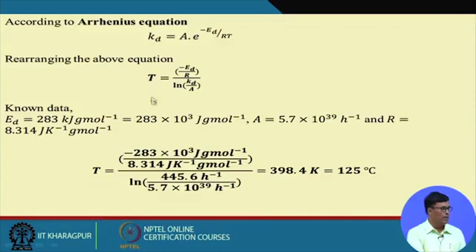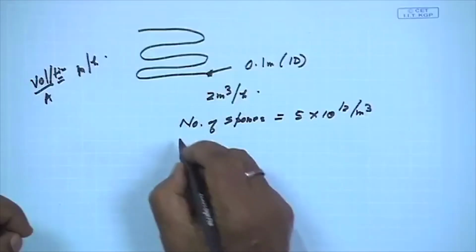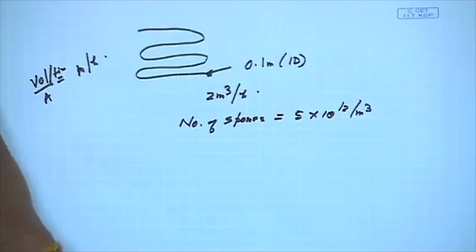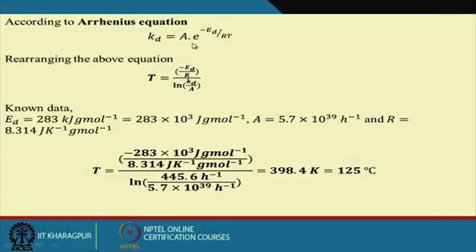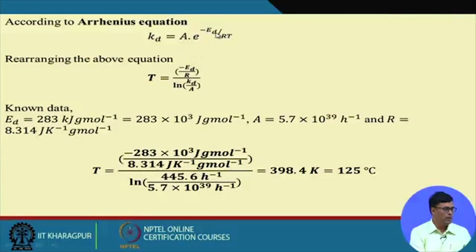Now once you get that, your situation is a little bit simpler, because as per the Arrhenius equation, Kd equals A into e to the power minus Ea by RT. Ea is the activation energy, the energy required for deactivation of the cell, sometimes also written as Ed. So we can find out the temperature required for sterilization.